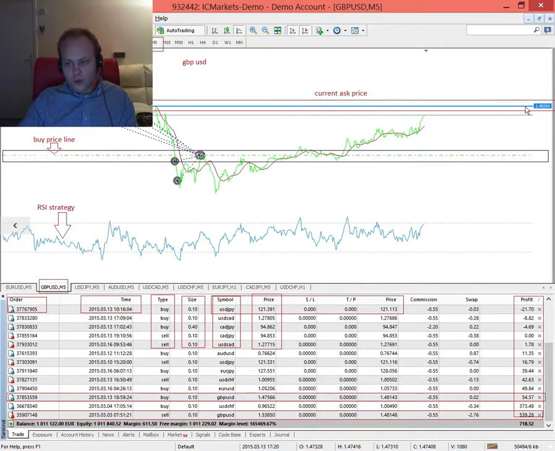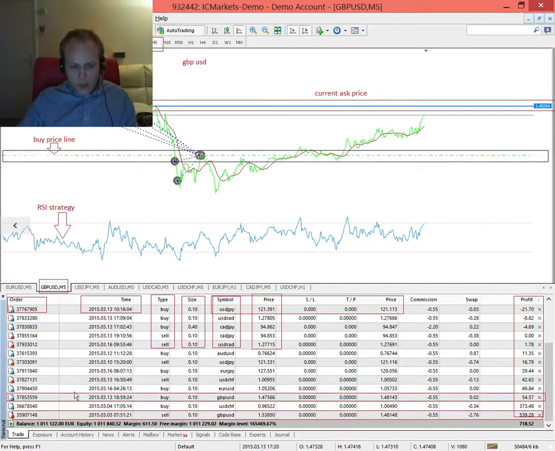The broker always makes money on the spread, and when you want to buy a certain position, you will pay this ask price, and in this way the broker makes his money. But right now you can see that this line over here is the current position of the graph.